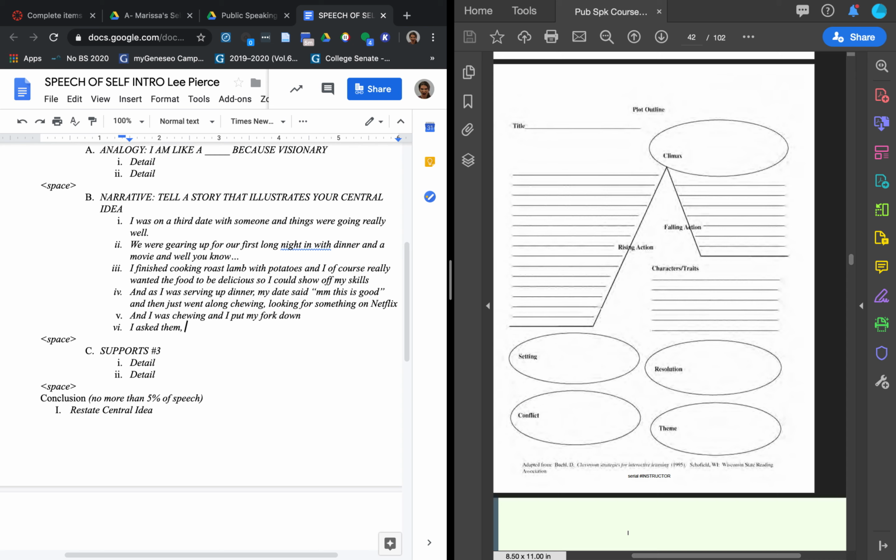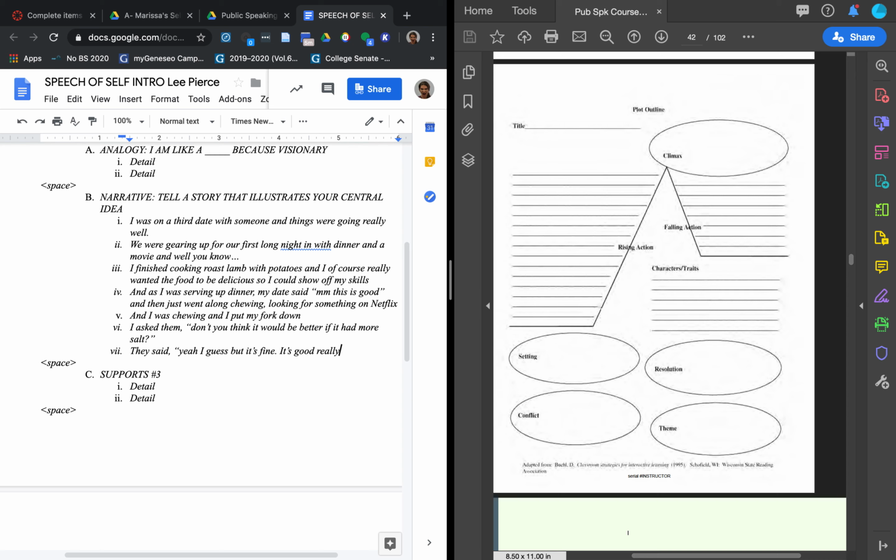I asked them, don't you think it would be better if it had more salt? They said, yeah, I guess, but it's fine. It's good, really. I said, yeah, it's good, but these potatoes, they would have been better if I had mashed them and made an au jus. And this is really the kind of stuff that goes through my head.